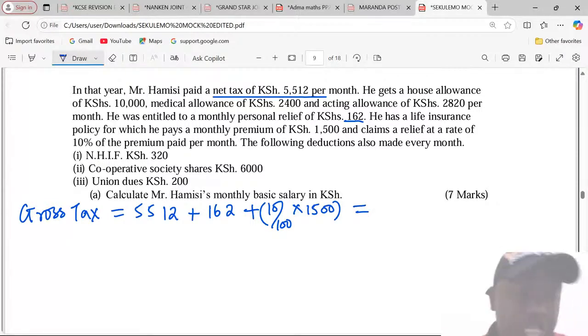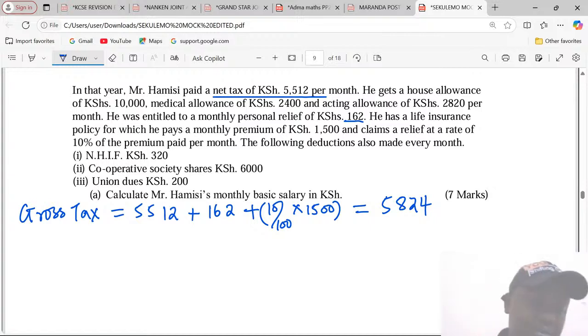So we can compute the gross tax for Mr. Amisi: 5,512 plus 162 plus 150, and this shall be 5,824. When we talk about gross tax, we mean the total tax that Mr. Amisi would have paid if it were not for the reliefs. And that is why we are picking the net tax and we add to it the reliefs.